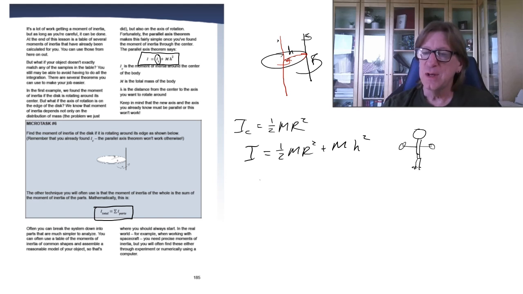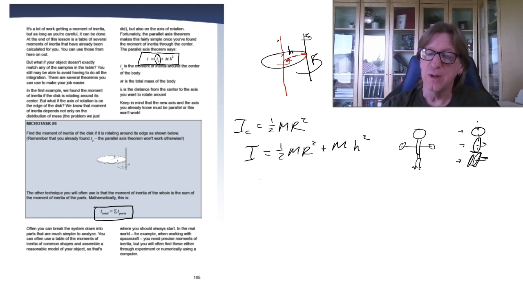Okay, so I could do this by finding the moment of inertia of the figure skater's head. We'll idealize that as a sphere. Maybe I've got a cylinder here rotating around the center, and then we'll consider these two to be a single cylinder rotating around that way. So for all three of these, I can find the moment of inertia just by looking them up, because they're all rotating around the center.